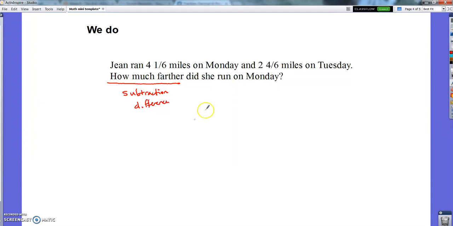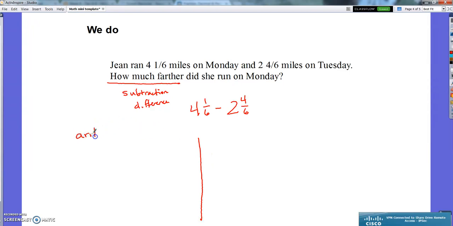Also a subtraction clue word. So I'm going to do 4 1/6 minus 2 4/6.